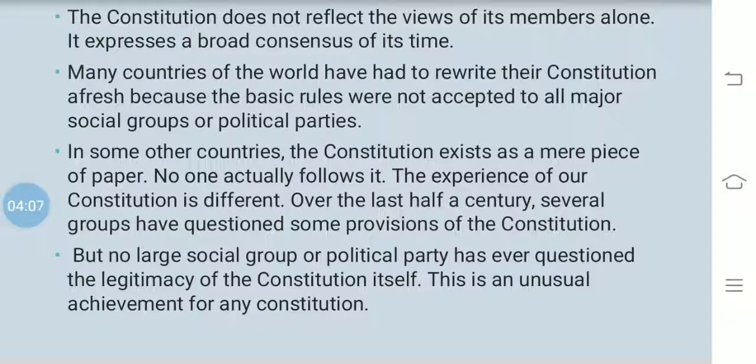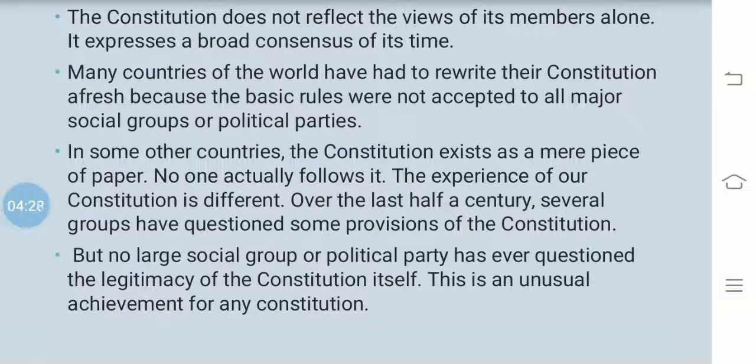What are the reasons? Okay, so the first reason, or one of the first arguments, is that the Constitution does not reflect the view of its members alone. The Constitution did not only reflect the members of the Constituent Assembly, it expressed a broad consensus.